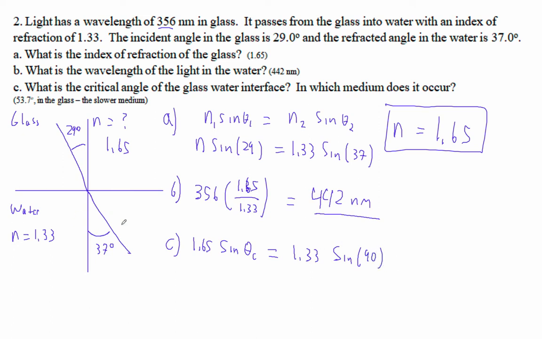Okay, so we make 90 degrees be in the faster medium, right, which basically the critical angle is going to be the inverse sine of 1.33 times 1, divided by 1.65. So let's go inverse sine of 1.33 divided by 1.65. And I'm getting 53.666 or 53.7. All right.